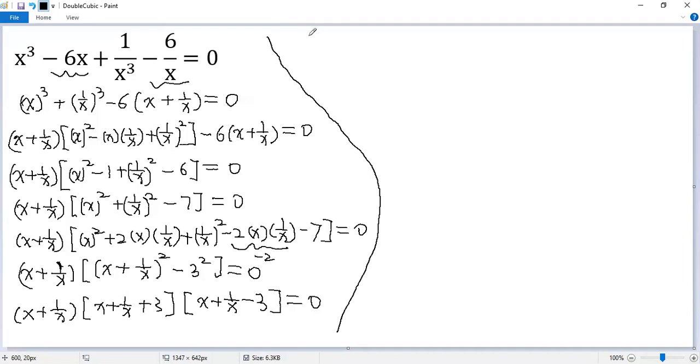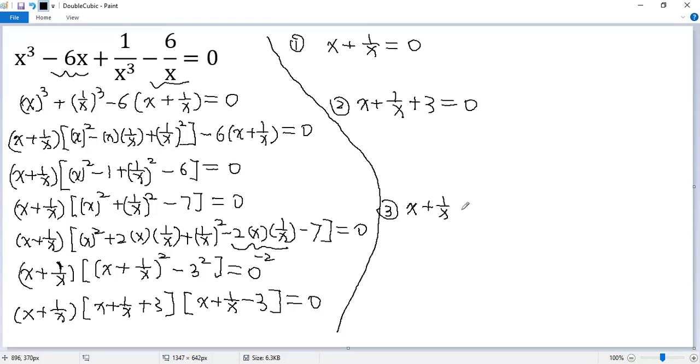Either the first factor equals 0, so x plus 1 over x equals 0, or the second factor equals 0, so x plus 1 over x plus 3 equals 0, or the last one equals 0, so x plus 1 over x minus 3 equals 0.